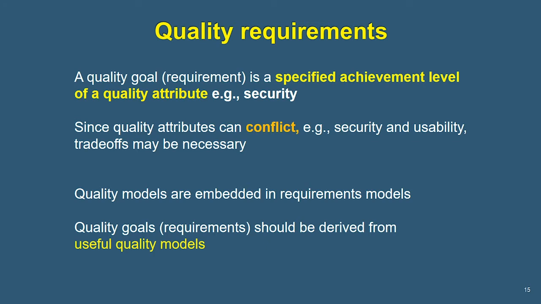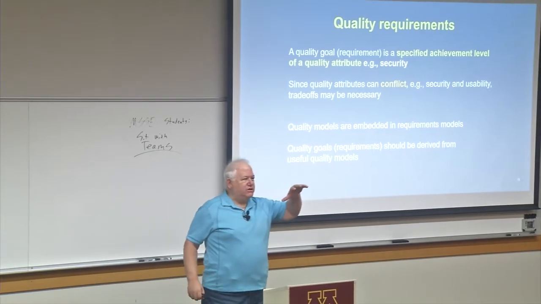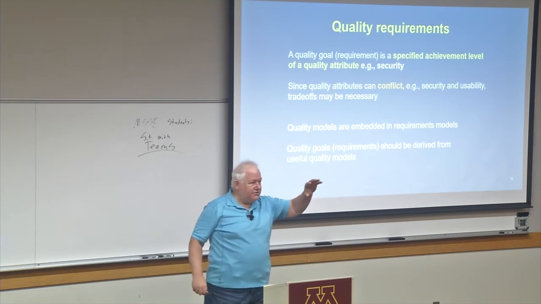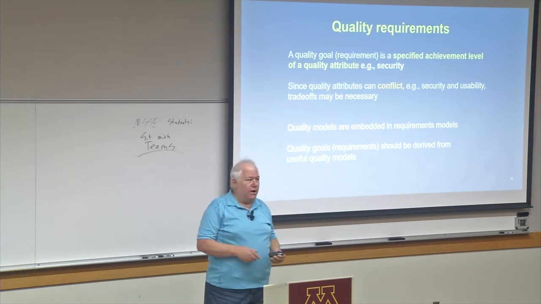Quality models are embedded in requirements models. How many different kinds of requirements are there? There are quality requirements, and then there are quality mitigation functions to achieve those. That's part of the requirements also. That's a derived requirement, right?